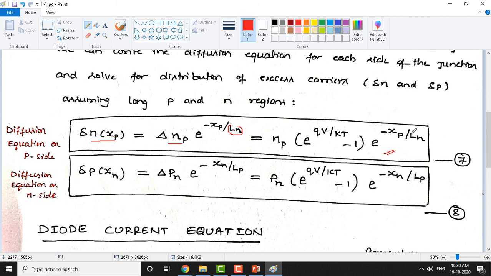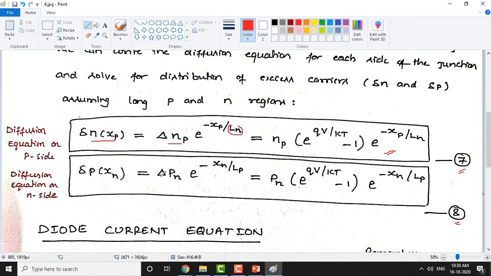This derivation is done in the textbook, but it is not under the scope of our syllabus, so we are not covering it. In fact, this whole topic is taken to make your understanding of reverse bias very easy. Many times students neglect this charge carrier injection topic, but these equations simplify the mathematics of the next topic, reverse bias. Kindly go through this equation and understand each and every term. No need to pay attention to the derivation here.